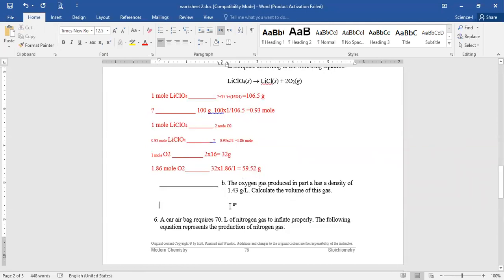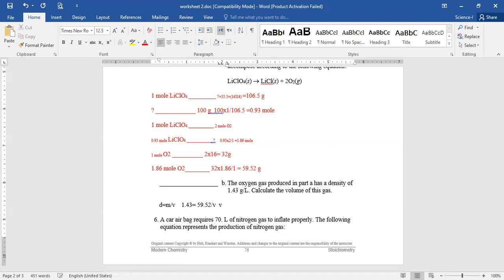Anyone could tell me what density equals? Do you remember? Density D equals mass over volume. So if he already tells you that the density equals 1.43, and the mass we get is 59.52, divided by the volume, which is unknown.